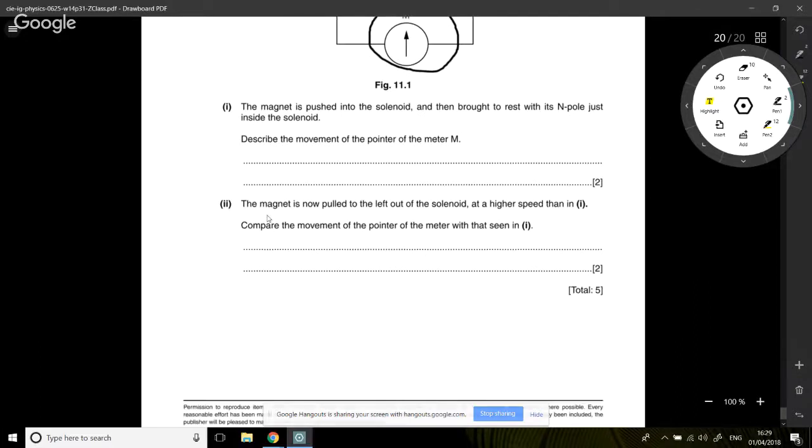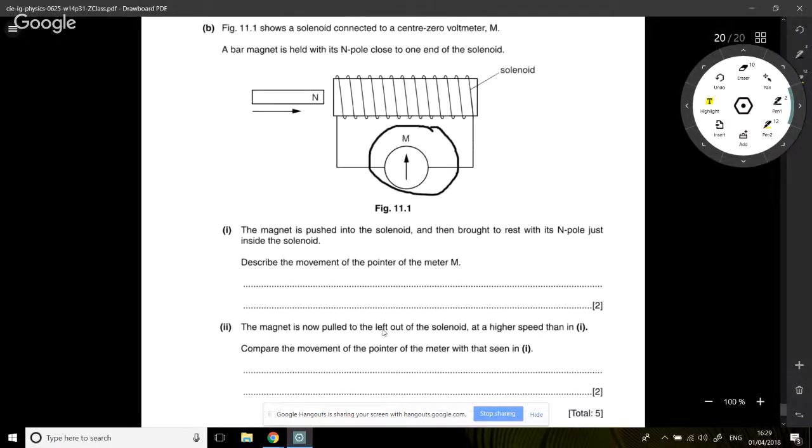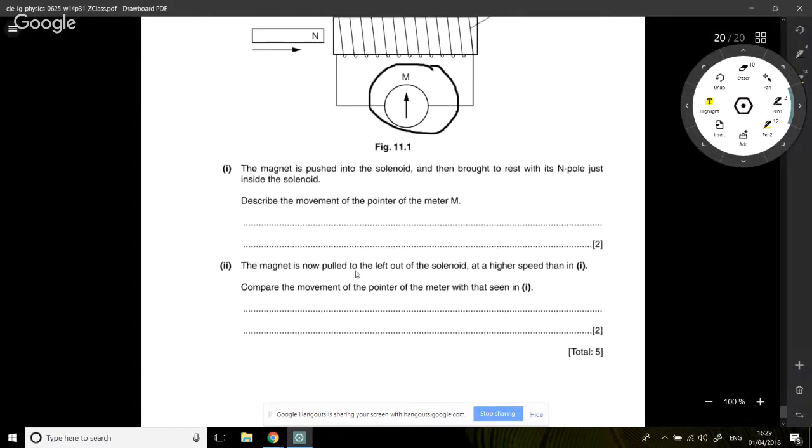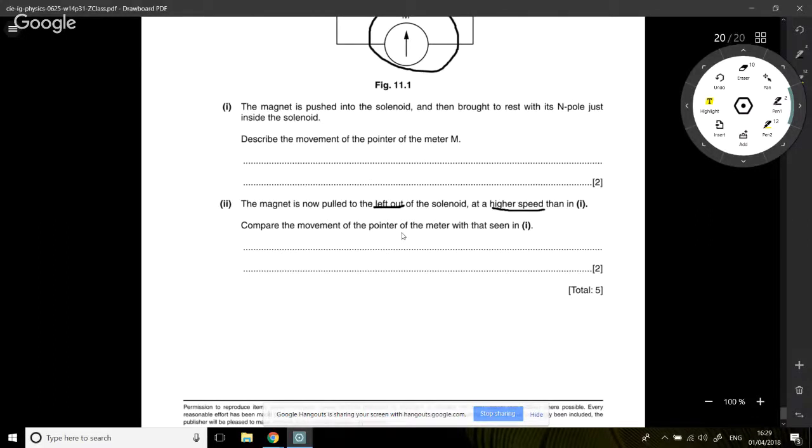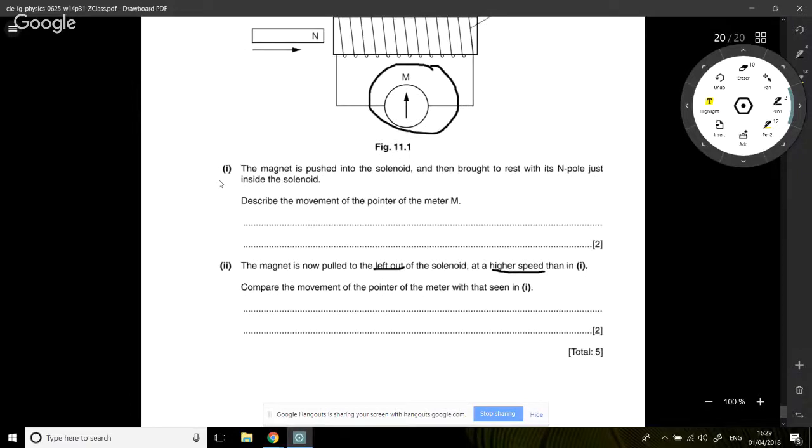Now they say the magnet is pulled in the opposite direction at a higher speed, so to the left at a higher speed. These are the key things. It's always good to underline your stuff when you're working through. Underline the key points from questions. Compare the movement of the pointer with this case.